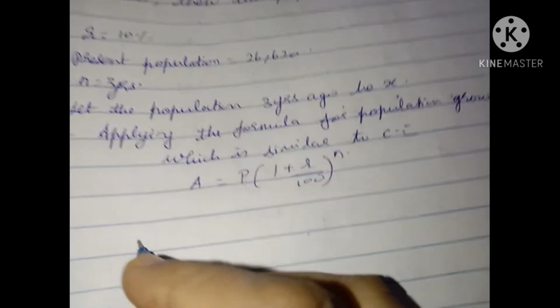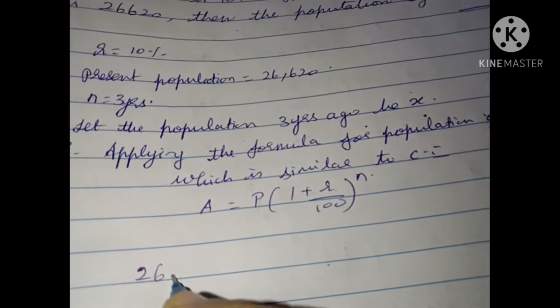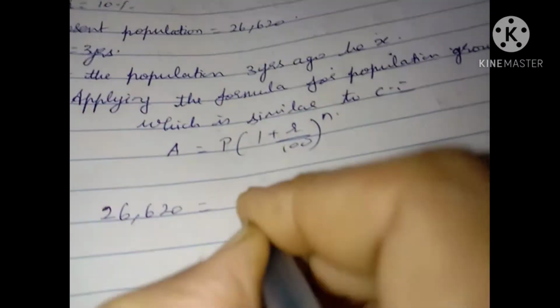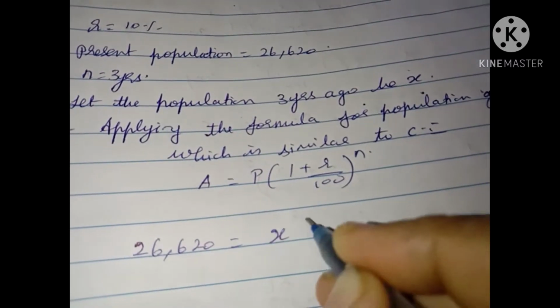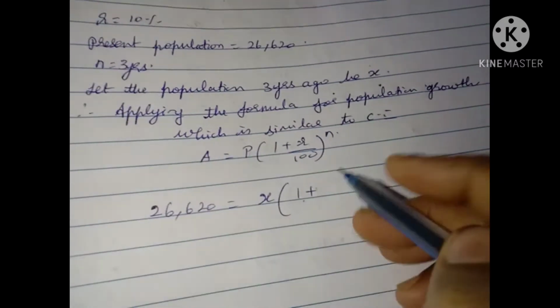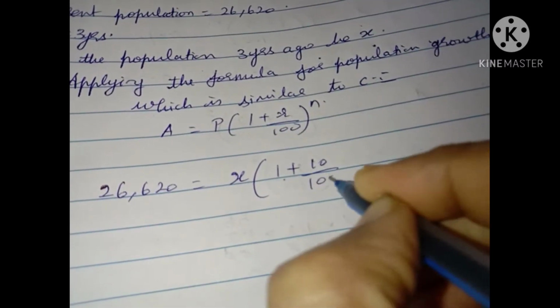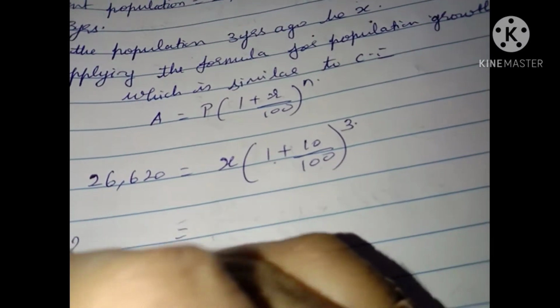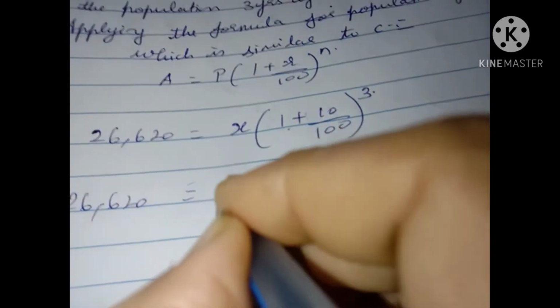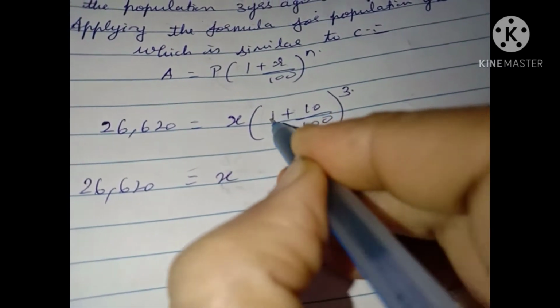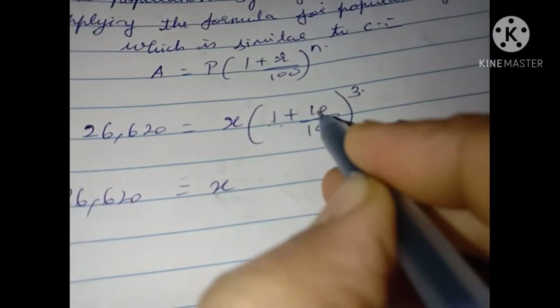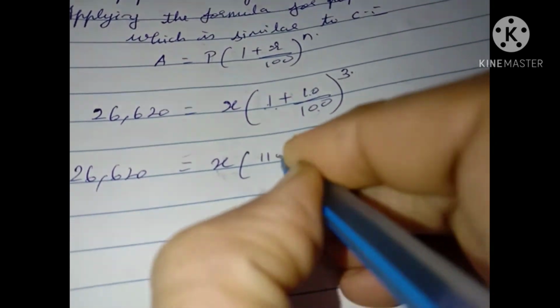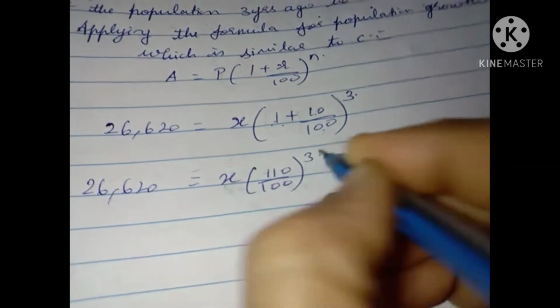A value here they given us 26,620 and P is X, 1 plus R is 10%, 10 by 100 the whole power 3. Now here X, 100 into 1 is 100, 100 plus 10 is 110 by 100 the whole power 3.